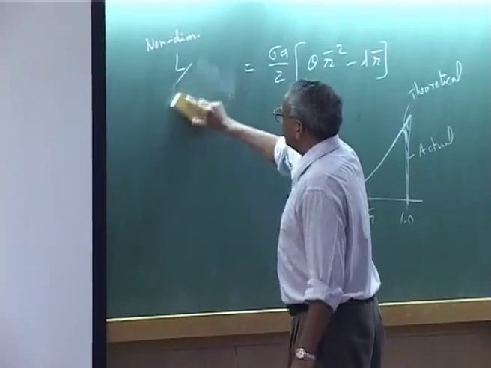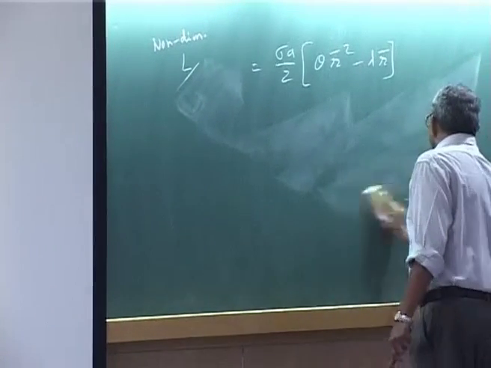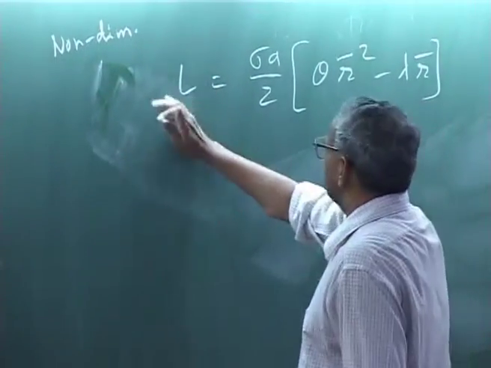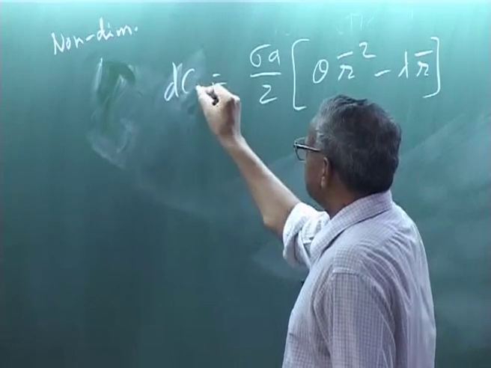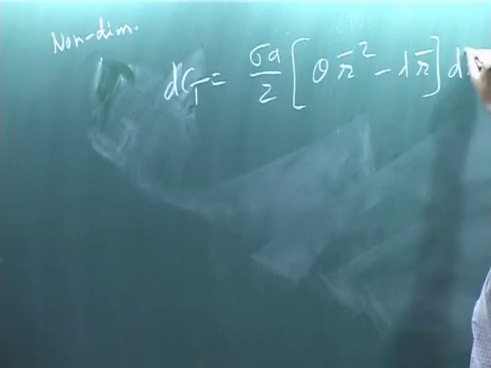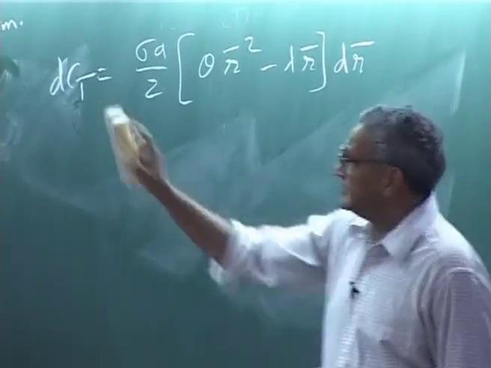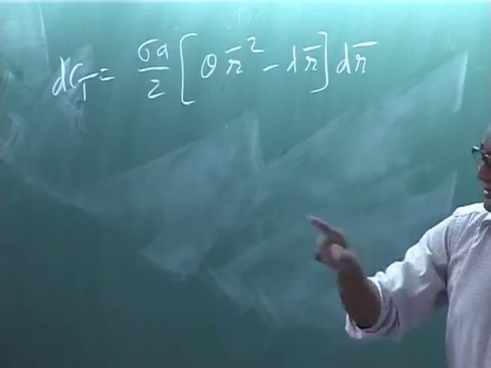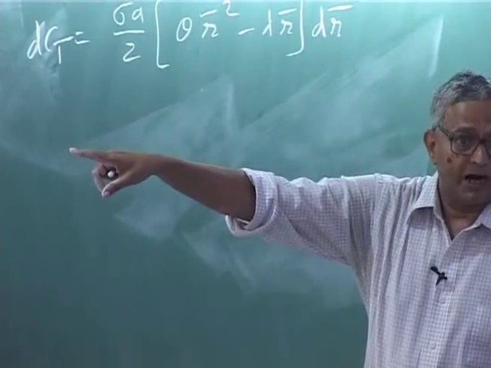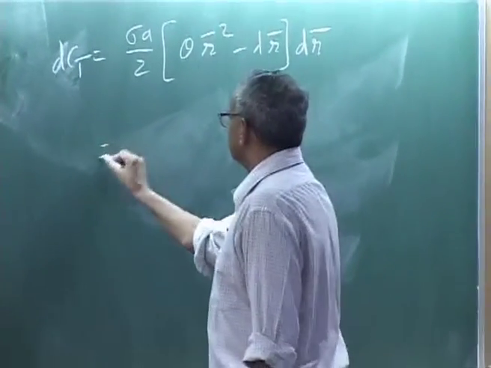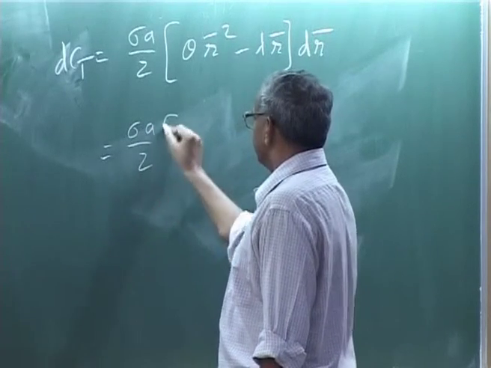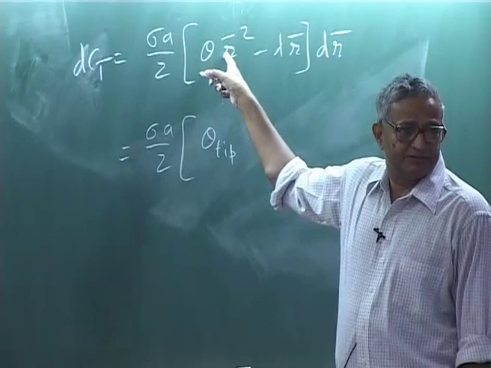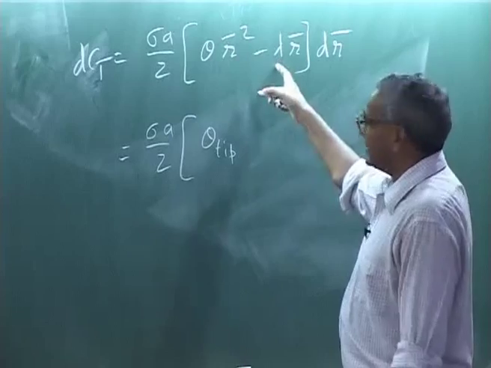This is a non-dimensional lift. If I write it non-dimensional, you can put it dCT also, it is okay. Because this is not non-dimensional, dCT is this. If I substitute theta as theta tip over r bar, then what will this become? This will become theta tip r bar, one of the r bar will cancel out, right, and here lambda r bar.